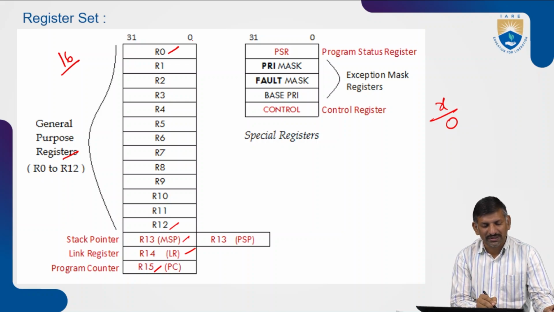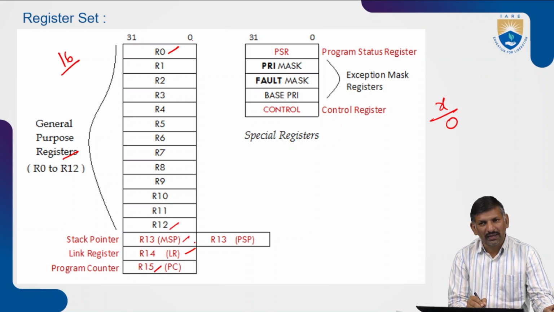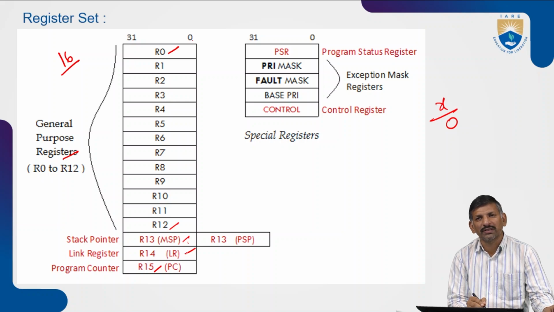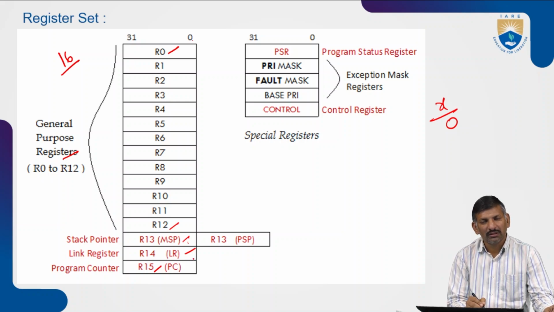The R13 register is used as the stack pointer, dealing with the main stack pointer, meaning exceptions raised during the operation, as well as normal execution. The link register stores the return address of the instruction.